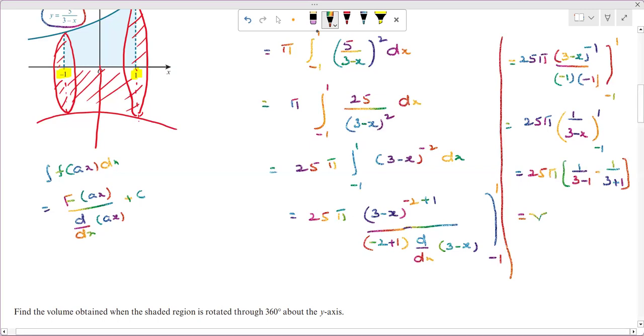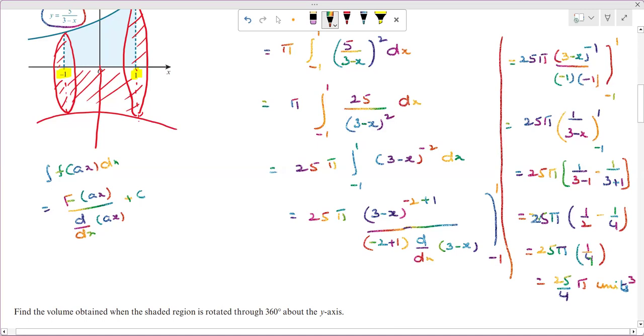So 25 times (1 by 2 minus 1 by 4). 1 by 2 minus 1 by 4 is 1 by 4. So it will be 25 pi by 4. This is cubic units, units cube, since it is volume. This is how we have to simplify.